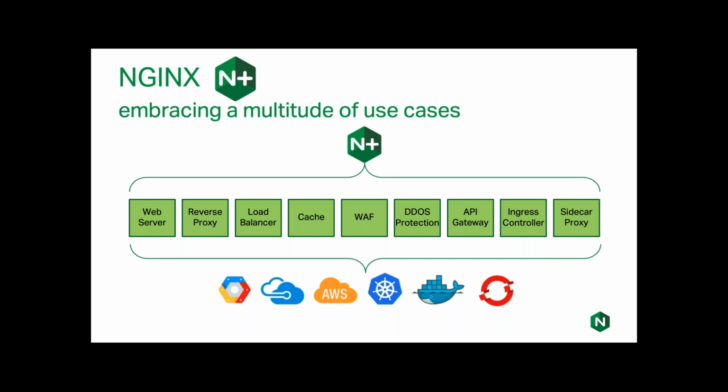So that environment could be bare metal, it could be a virtual machine, it could be a Docker container. All we need to run, in fact, is a Linux distribution. Also, we can run in any type of environment, albeit public cloud, private cloud, or a hybrid cloud.